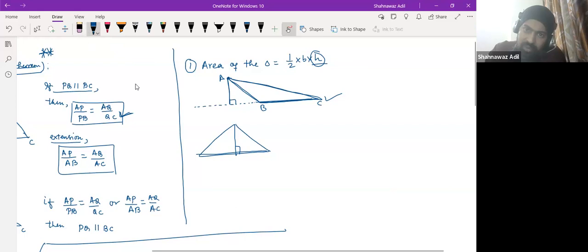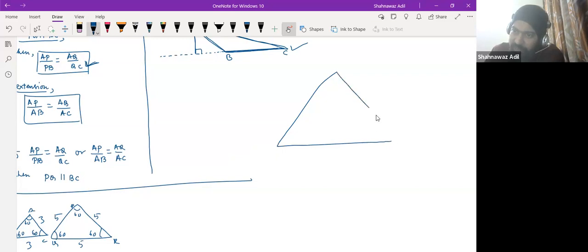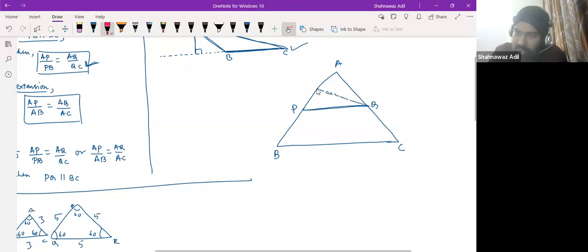So what do we have? We have this triangle, and this is the parallel side, PQ and BC, and A. What we will do is draw a perpendicular on AP.